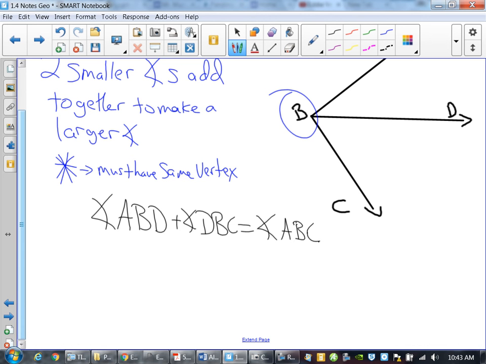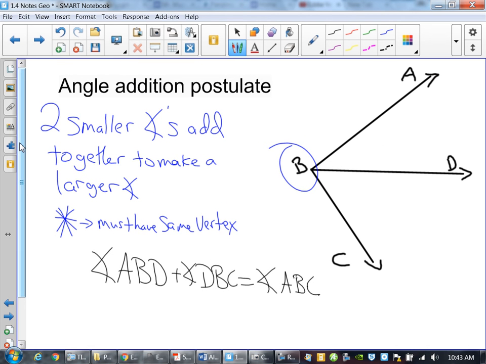So let's say in this example we had angle ABD. Let's say it was 34 degrees. And the whole angle was 112. And I wanted to figure out how much that angle is. What would you do? That's it. See how it's the exact same thing as segments?